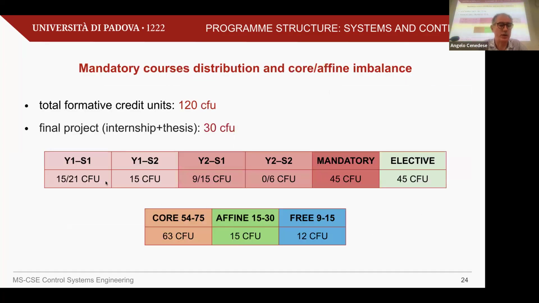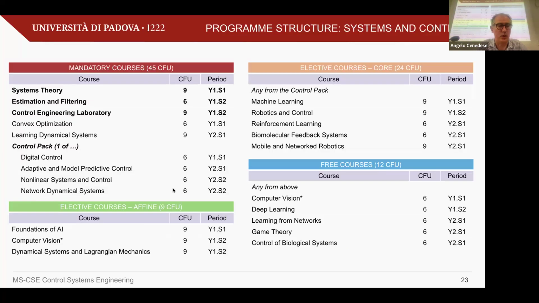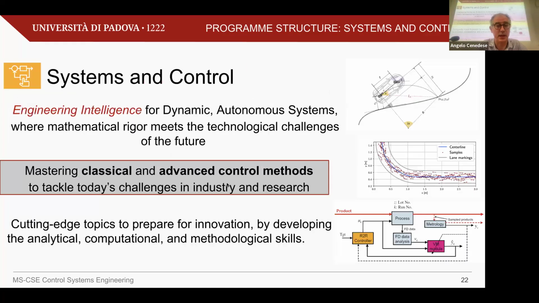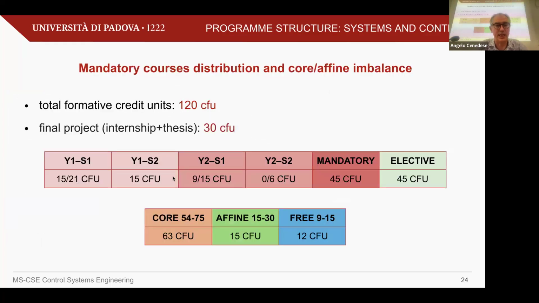According to the courses that you choose, since some are first year first semester, second year first semester, or second year second semester, you have a slightly different distribution of mandatory credits. So it is up to you to design your path. And again, the usual distribution for core, affine, and free.